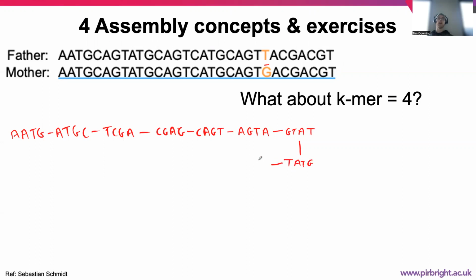And that one will connect further to A, T, G, C, and that connects in turn to T, G, C, A, which connects to G, C, A, G, which connects to C, A, G, T, which connects to A, G, T, A, G, T, C.